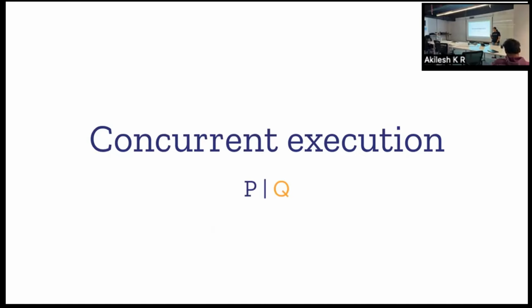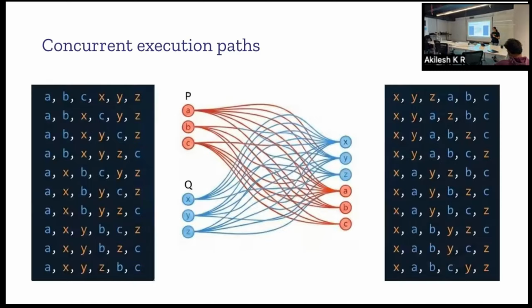Then if we introduce concurrency within these 6 different steps, there could be multiple combinations in which the execution can happen. And we can't predict the exact sequence of steps when we execute both the processes in parallel.